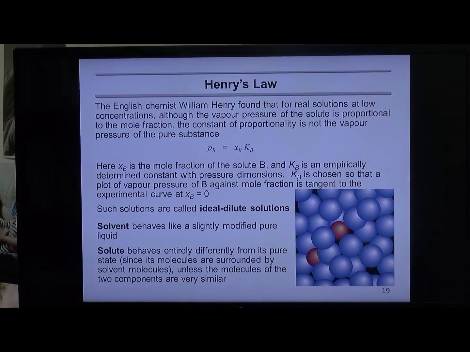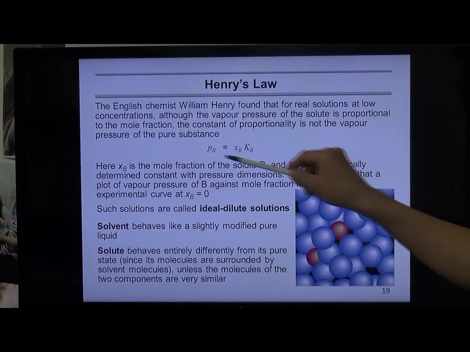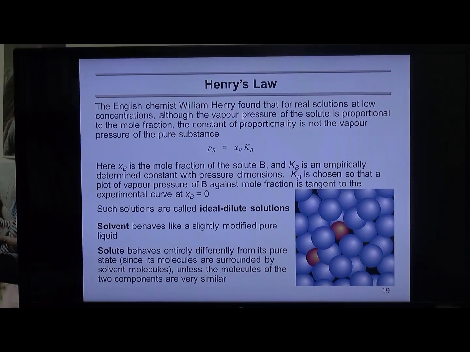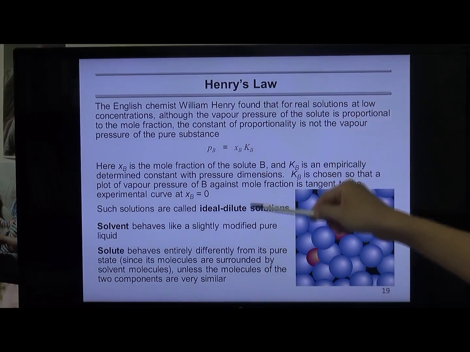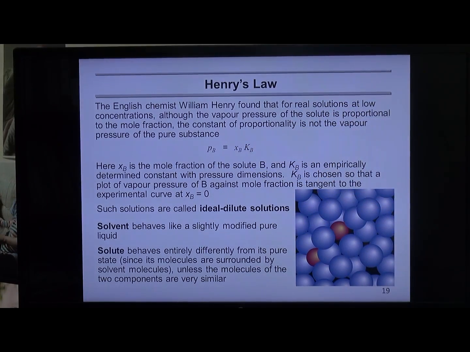A solution following this equation is called an ideal dilute solution. A solution following Raoult's law is called an ideal solution, but following Henry's law is an ideal dilute solution. So you need to differentiate between Raoult's law and Henry's law.